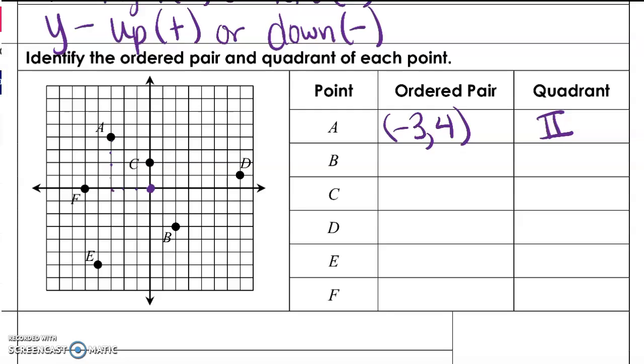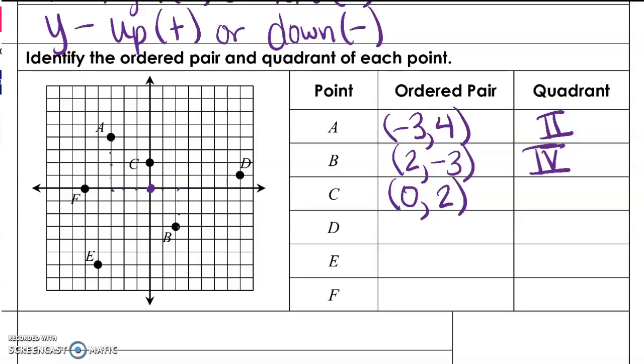We go back to the origin for B. We're going right 2, so that's +2, and down 3, so -3 for my y value. That is in quadrant 4. For C, we do not go left or right, so we put a 0 for the x, and we just go up 2.